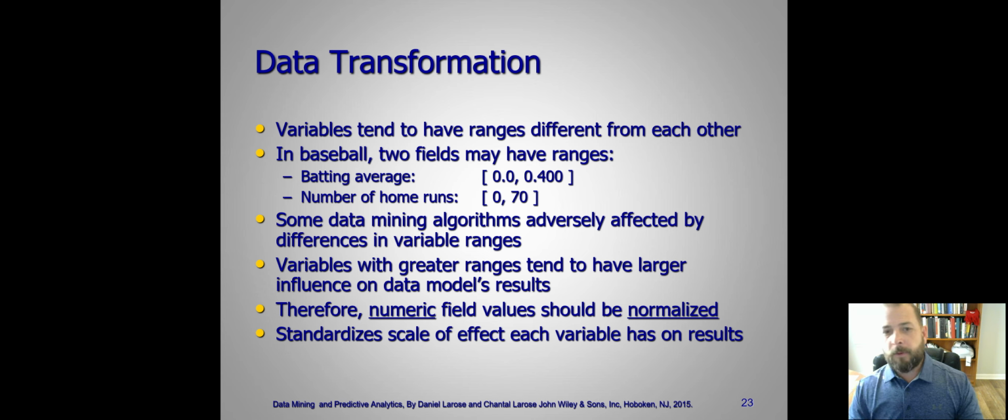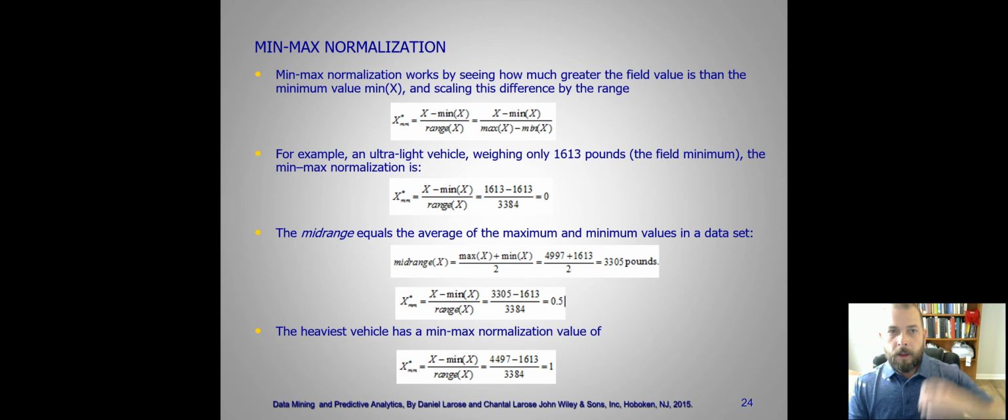There are different ways to scale these variables so that they're on the same scale. One is min-max normalization, and this is the mathematical breakdown of it. In this, all of our variables are scaled down, no matter what the values are, to between 0 and 1.